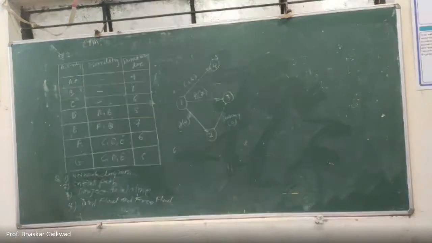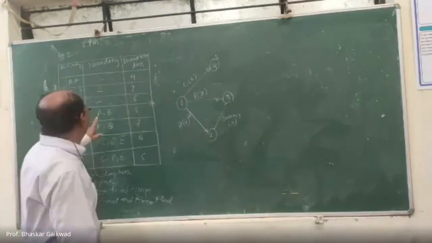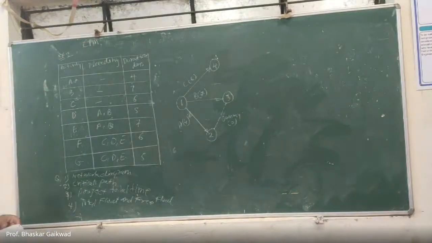That's why A and B will come to here, and from that, D will start. Dummy activity is there.